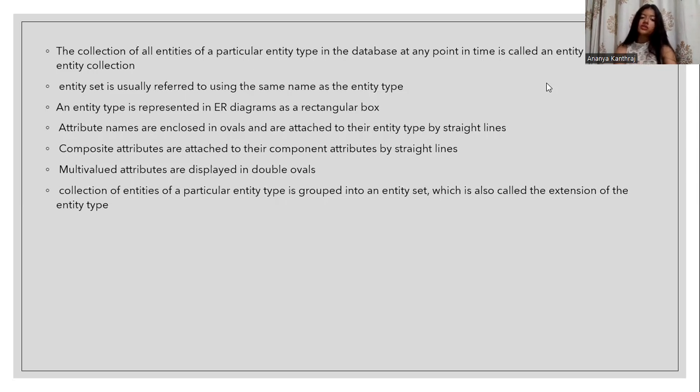Composite attributes are attached to their component attributes by straight lines, and multivalued attributes are displayed in double ovals. A collection of entities of a particular entity type is grouped into an entity set, which is also called the extension of an entity type.